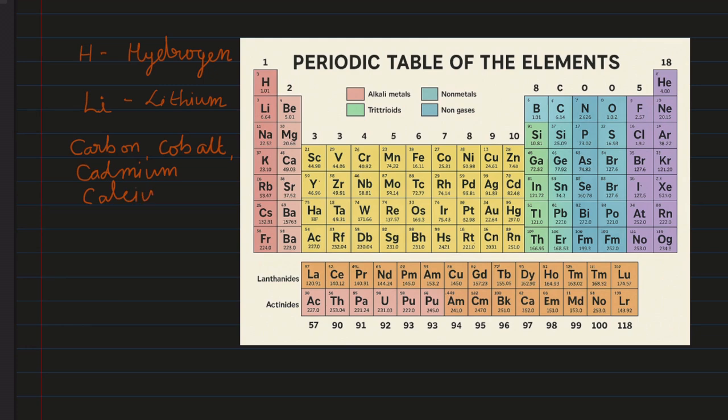So with the letter C you have so many, or at least I have written here 4 elements. Then how can we name them? How can we identify which is carbon, which is cobalt, which is cadmium, which is calcium? There is a way of writing. We have to follow certain rules if we want to write the short forms or abbreviations or symbols of elements.